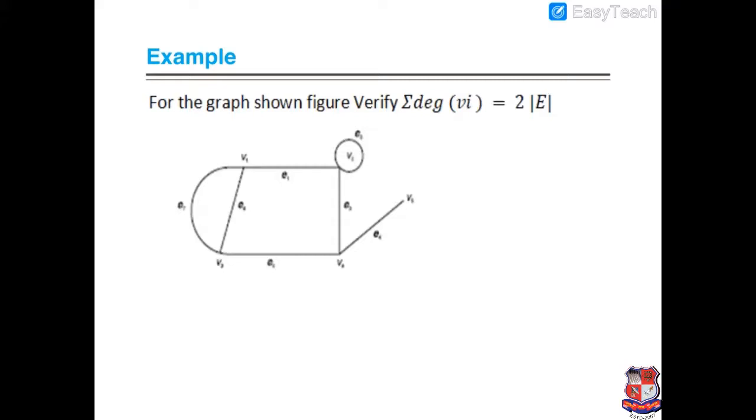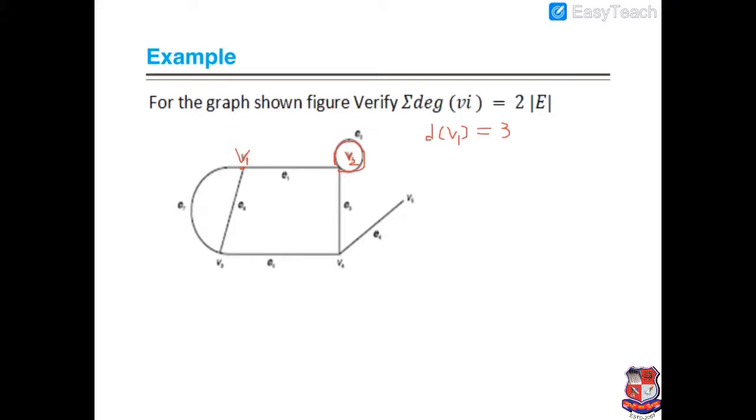So here the degree of vertex V1 is 3 because it is incident to 3 edges. Therefore the degree of V1 is 3. Now the degree of V2 is 4 because the loop at V2 is counted twice. Therefore the loop's degree is counted twice plus the other 2 incident edges at vertex V2.